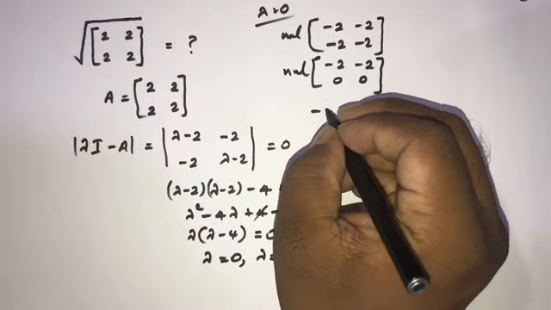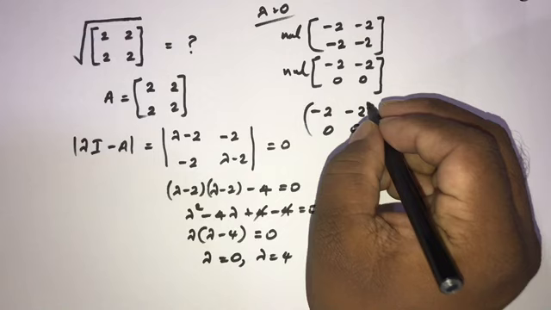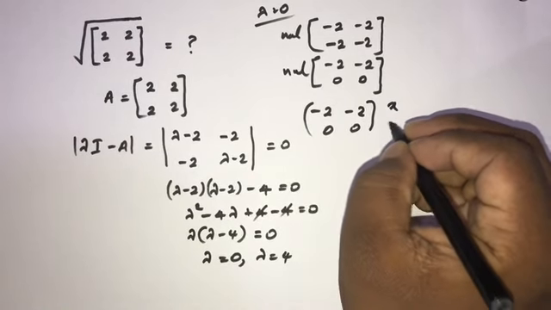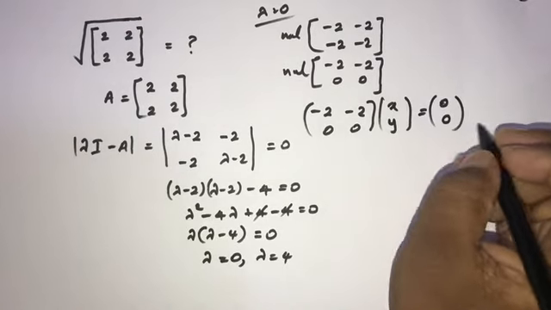Now we can write [minus 2 minus 2; 0 0] times the vector xy is equal to 0 0.